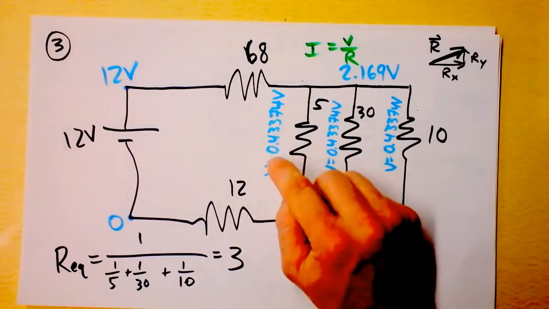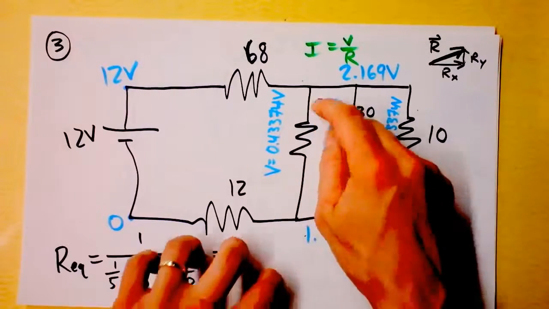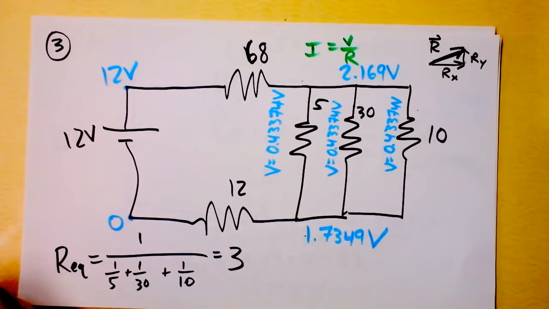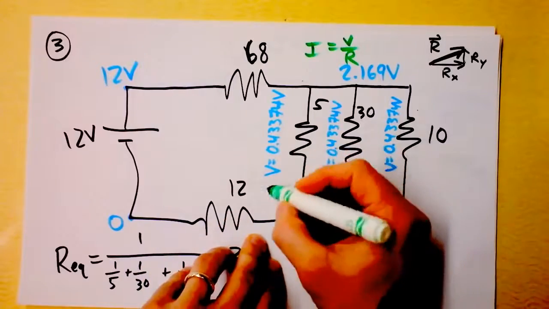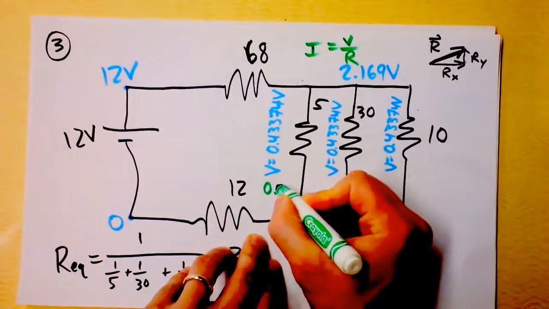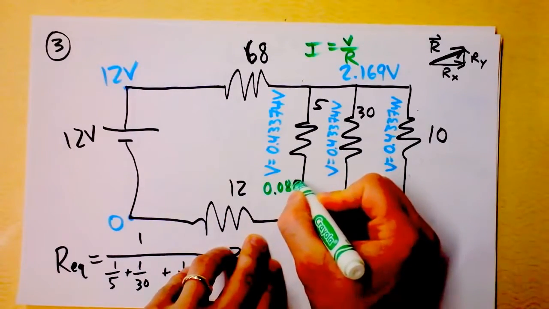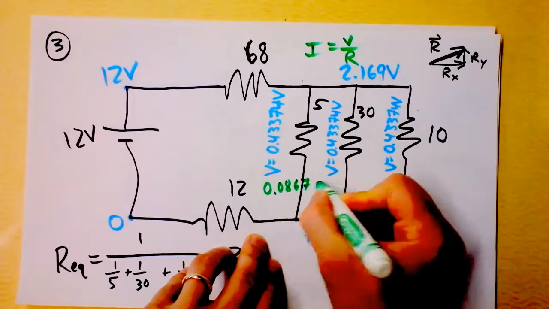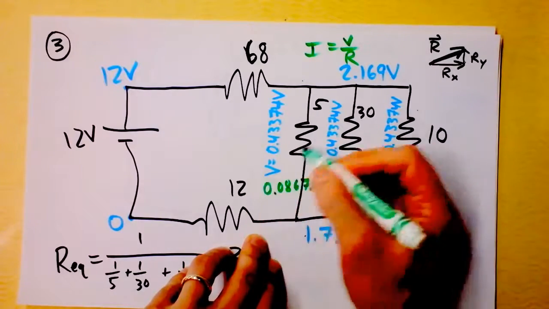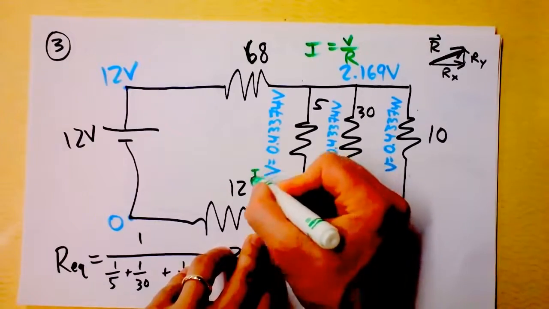I'm planning to take this voltage and divide it by that resistance. So here we go. I got 0.43374, and I'm dividing it by 5, and it's an even smaller current. The current through this guy right here, 0.0867 amps. That's the current here.